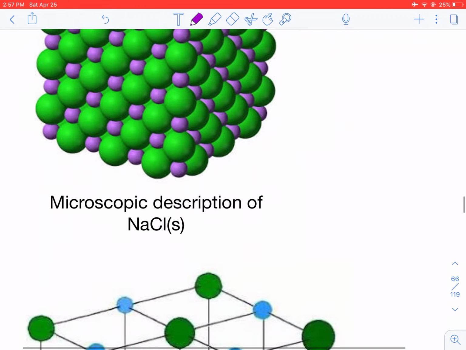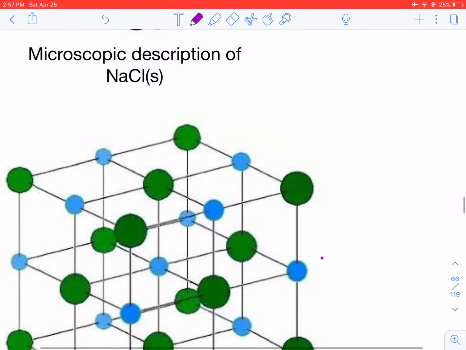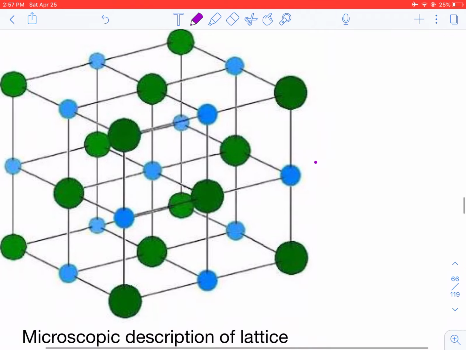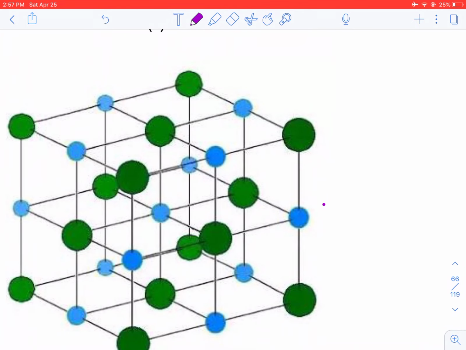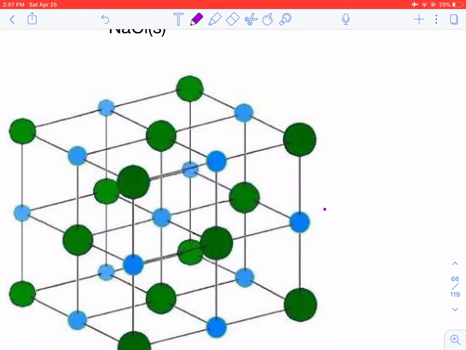So that's a microscopic description. If we look at it in terms of a lattice, then we know that here we have our Cl minus, and there we have Na plus.